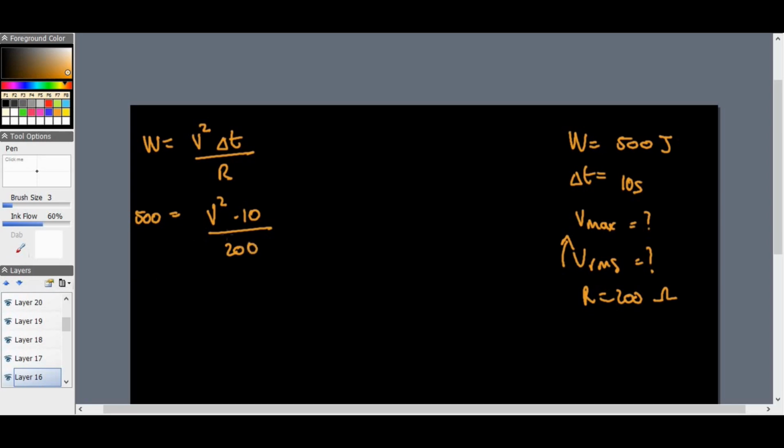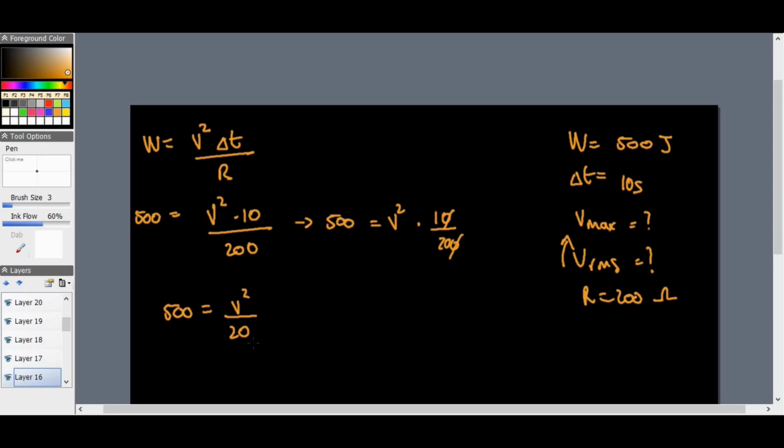Okay, so we can split that up to say 500 will equal basically V squared over 1 multiplied by 10 divided by 200, and that basically is 1 over 20. So we end up with 500 is equal to V squared on top divided by 20, and you've got to multiply both sides by 20.